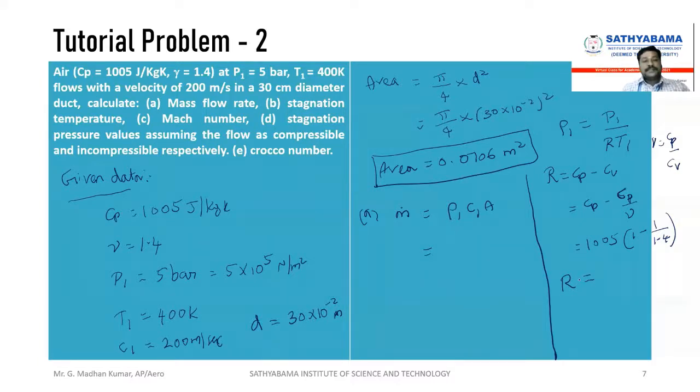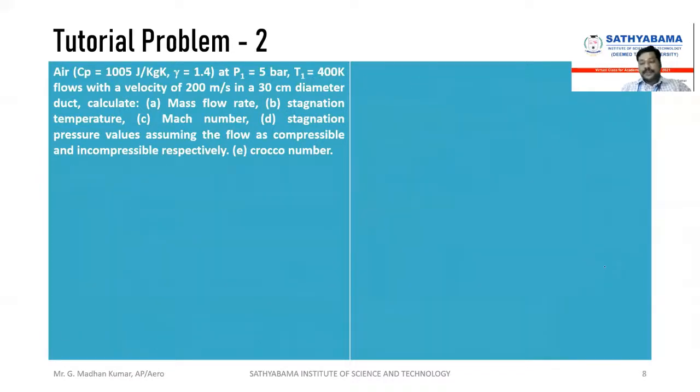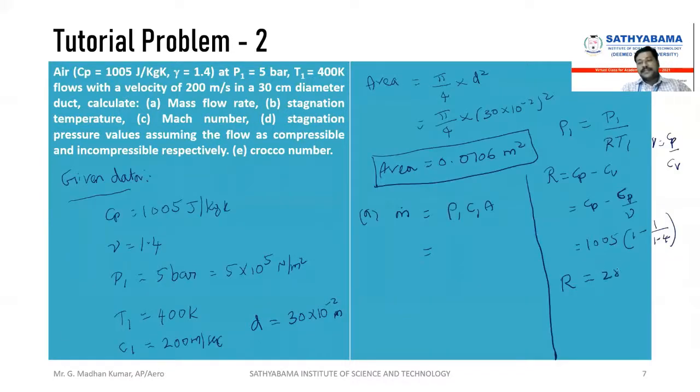You can post your answers in the chat box. What is the value of R? Yes, R is 287.14 joule per kilogram Kelvin. That is the value of R. And now you can substitute in this formula.